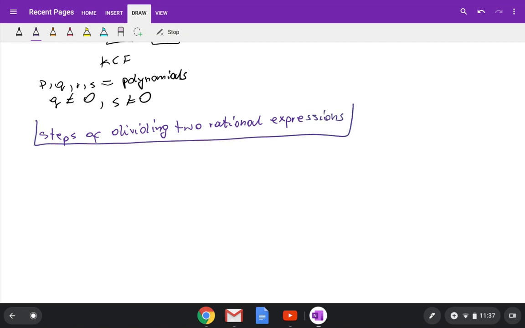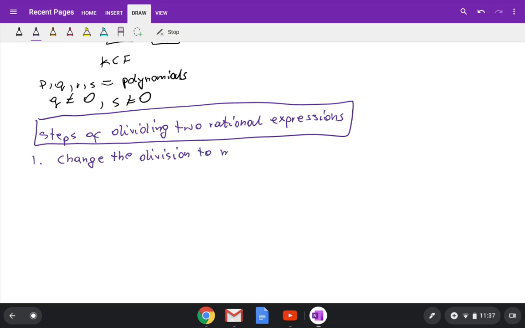First step, change the division to multiplication, which means keep the first fraction.